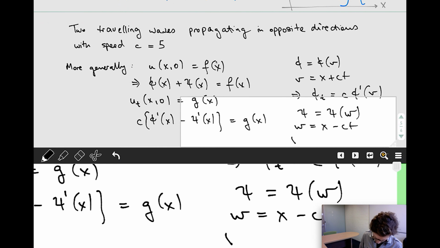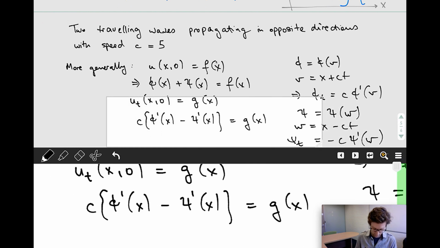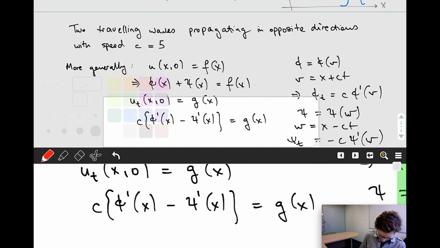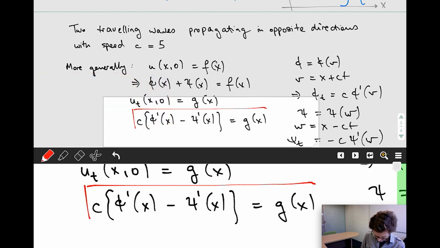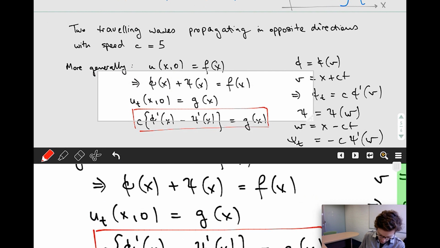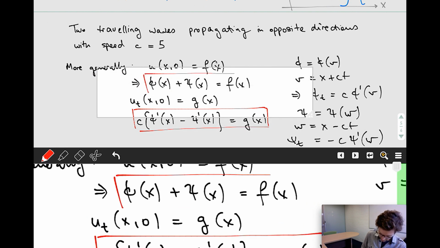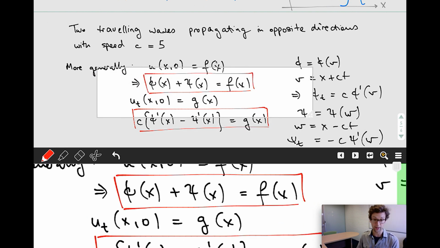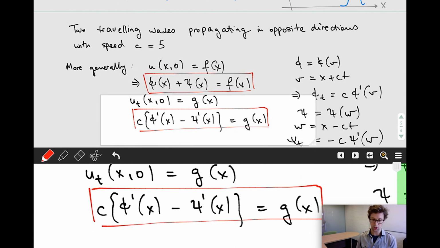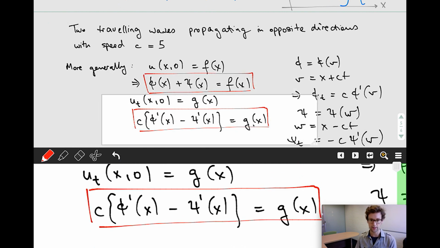So the partial derivative of psi with respect to t will be minus c psi prime of w. So we end up with two equations here involving phi, psi, f of x, the initial displacement, g of x, the initial velocity, and the speed, c.